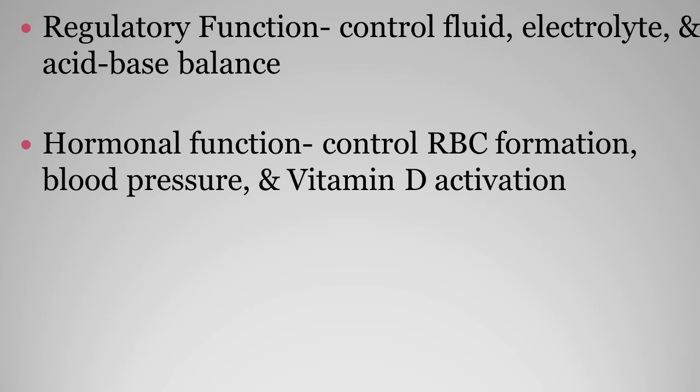This regulatory function really does play a role in controlling fluid, electrolytes, and acid-base balance. It is basically the way in which the nephron forms urine. Remember, as I said before, each kidney contains about 1 million nephrons, which process the blood to make urine.